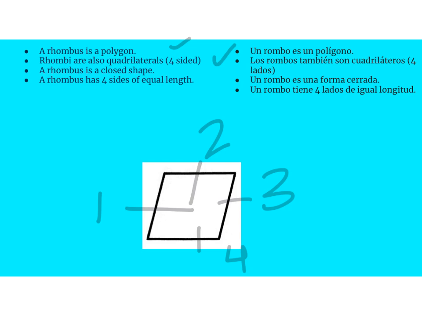Now you'll also notice that this rhombus here is a closed shape, meaning that all of the edges are connected with one another, no holes or gaps. And the thing that's going to set a rhombus apart from the other shapes that we've talked about so far is that a rhombus has equal-sized sides. Each side is exactly the same size as the other sides.